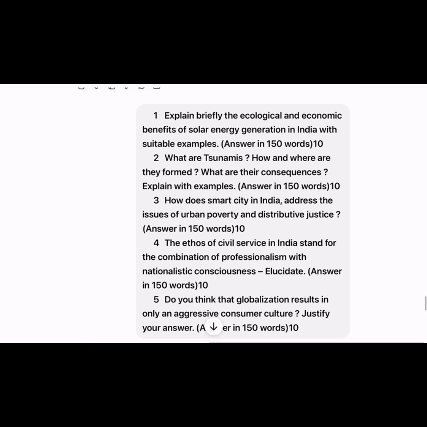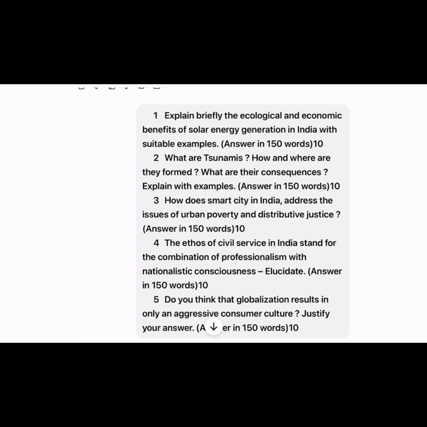Now, next five questions of 2025 GS Paper 1. Explain briefly the ecological and economic benefits of solar energy generation in India with suitable example. Second, what are tsunamis, how and where they are formed, what are their consequences, explain with example. Third, how does a smart city in India address the issue of urban poverty and distributive justice?